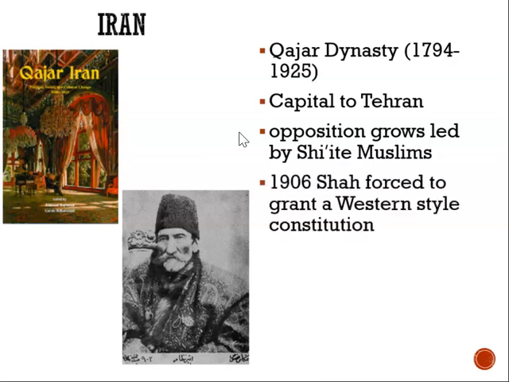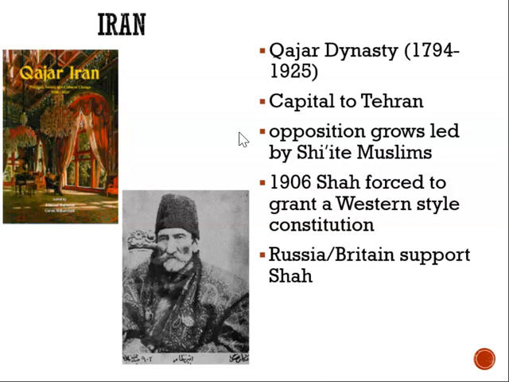The Shia Muslims begin to take over, and by 1906, as things are in upheaval with World War I, the Shah is forced to grant a Western-style constitution. The Russians get involved here. The British get involved here because, again, they're looking at the resources, they're looking geographically.